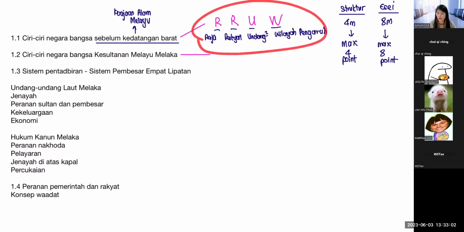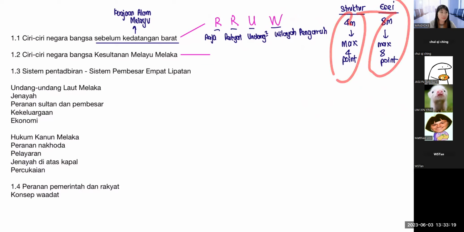These 4 are already 4 marks, then you add another 4 huraian. This is how you study and remember your answers. No need to think, wow, the answer has 10 or 20 points, do I need to remember? No need. Just 4 or 8, according to the soalan.